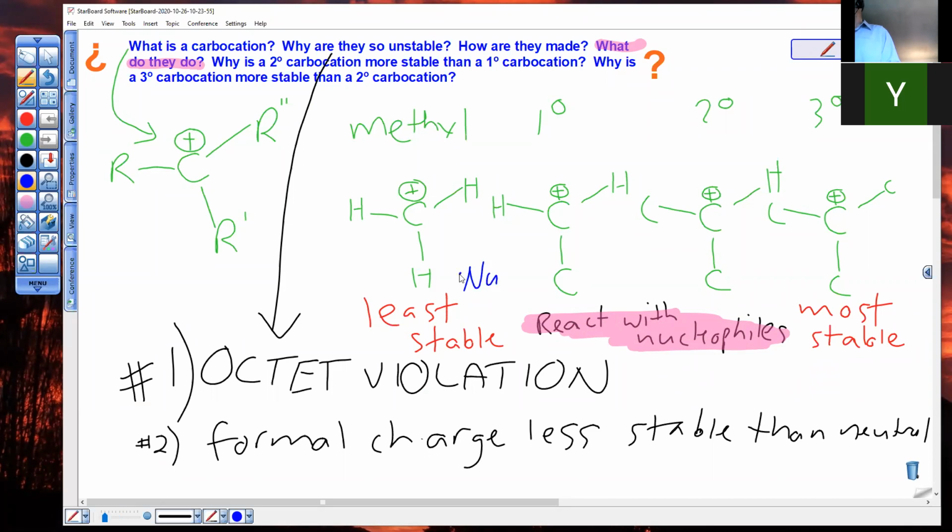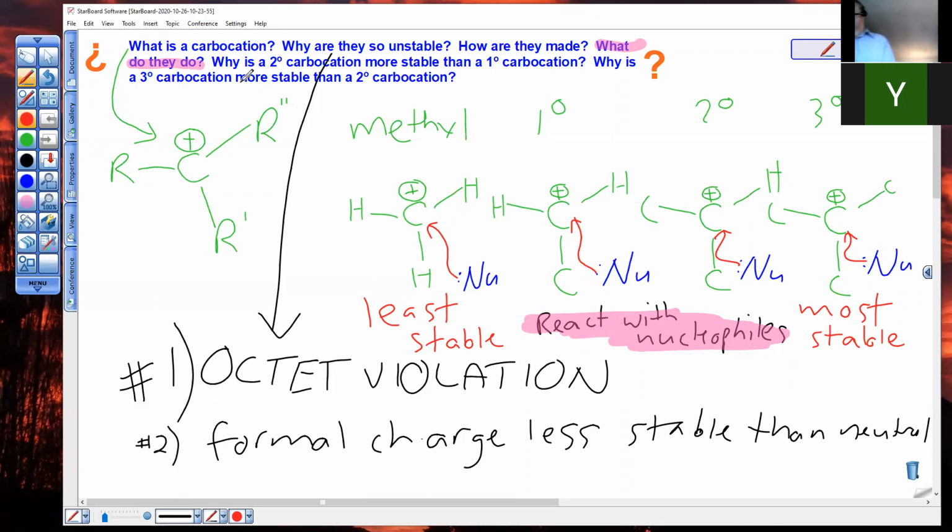They have to have a lone pair to do so. And when all of these are finished reacting, they will not have a charge and they will not have an octet violation. Those curved arrows mean lone pairs making a bond to the carbon. Carbon will be back up to 4 bonds and carbon's charge will be 0. So that's what they do.